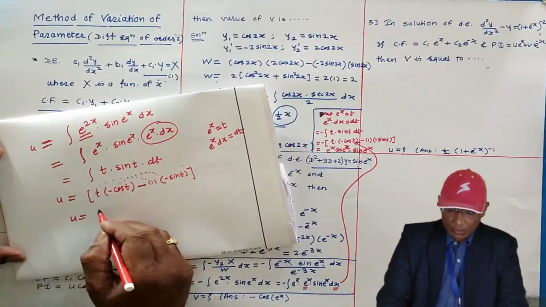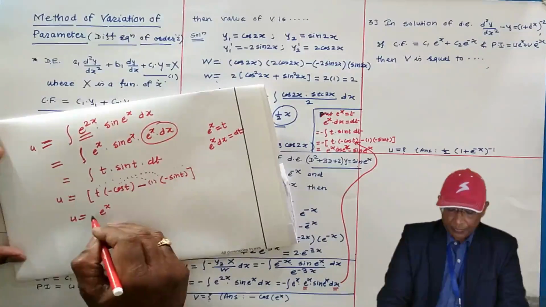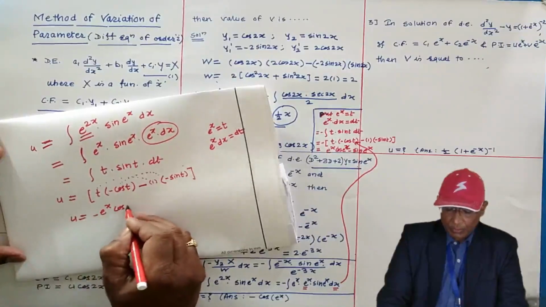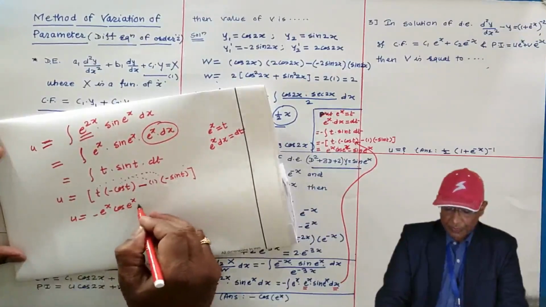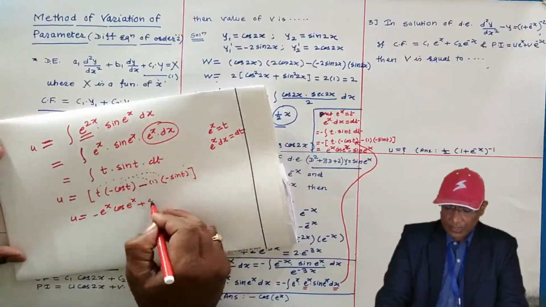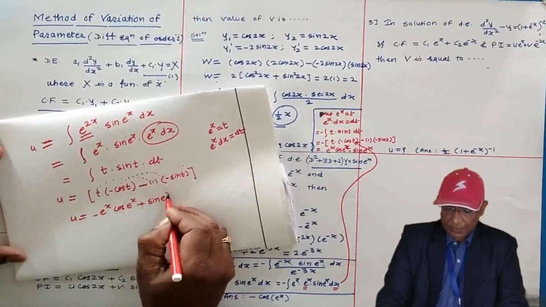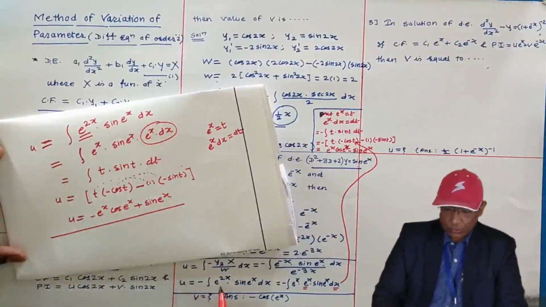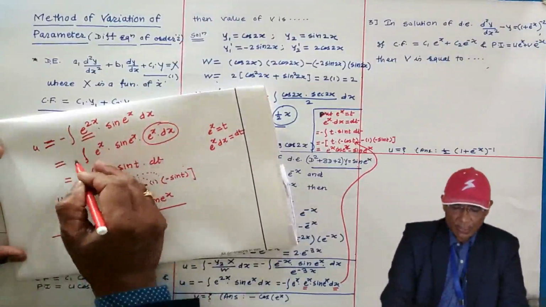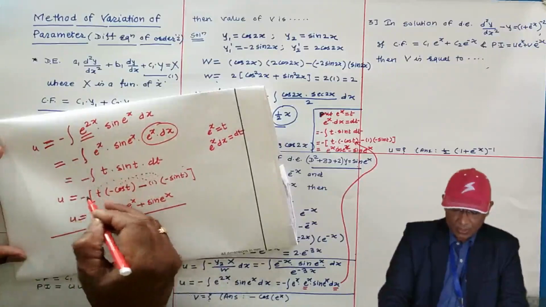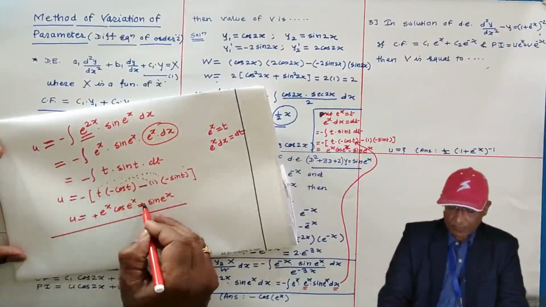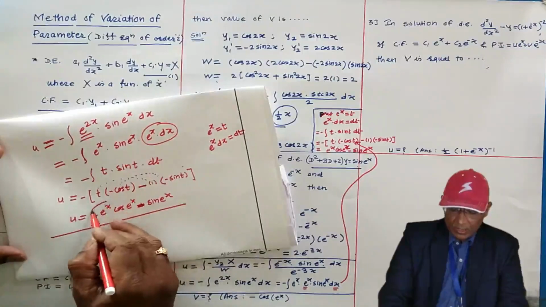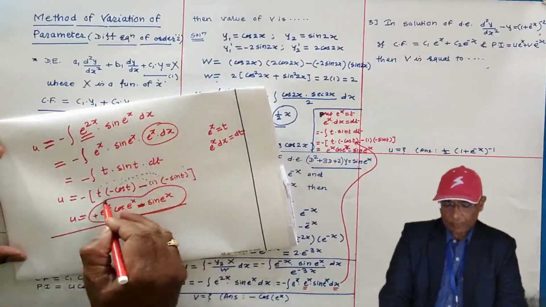T is what? E to the power x. Minus t cos e to the power x, minus minus plus sin e to the power x. So this is value of u. See, here in u, minus is outside, I am putting here minus. This minus is outside, it will be plus and minus. So this is value of u.